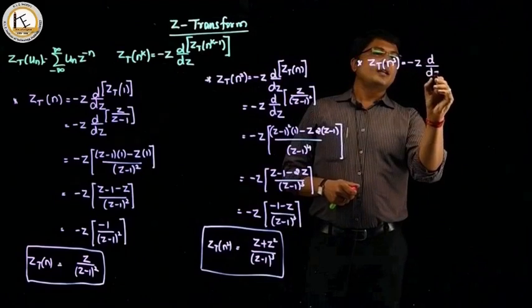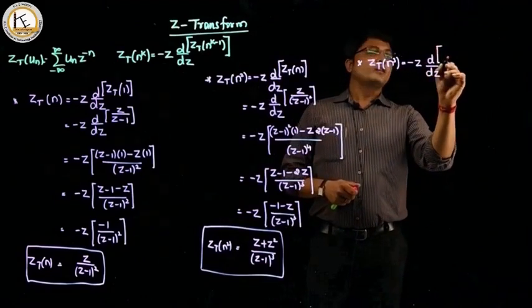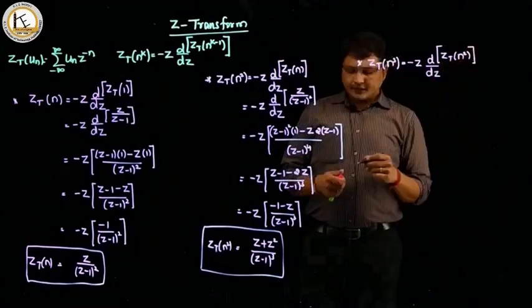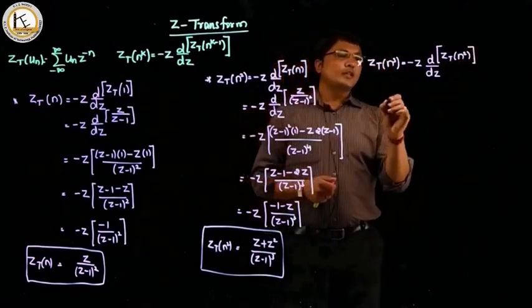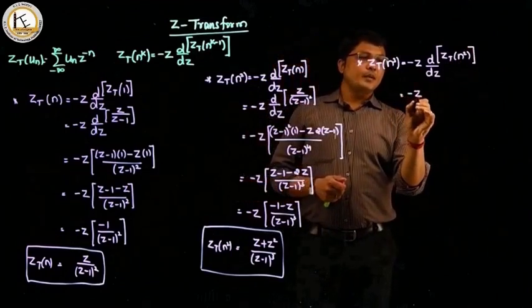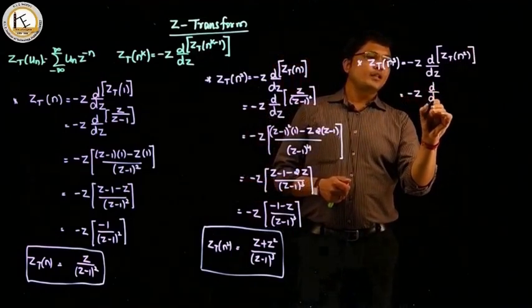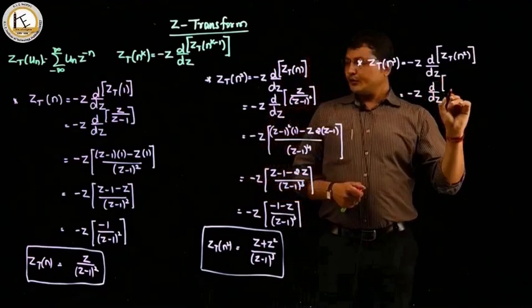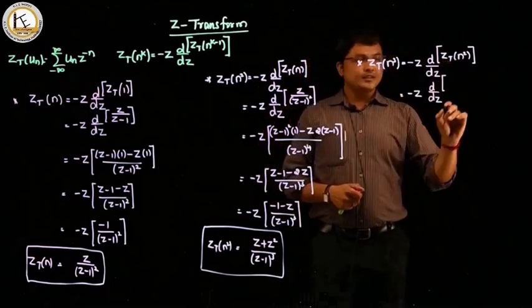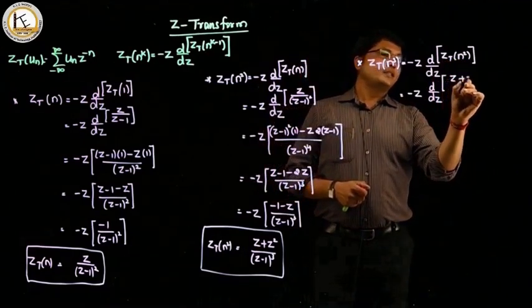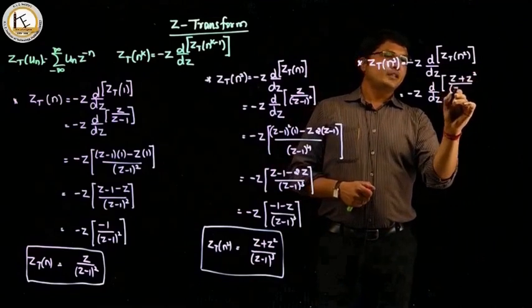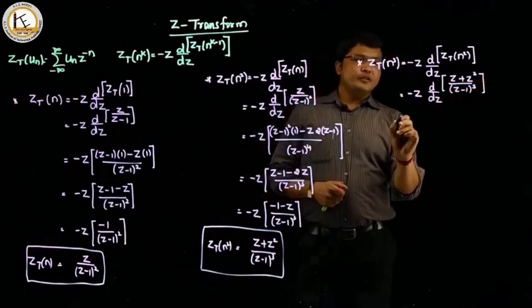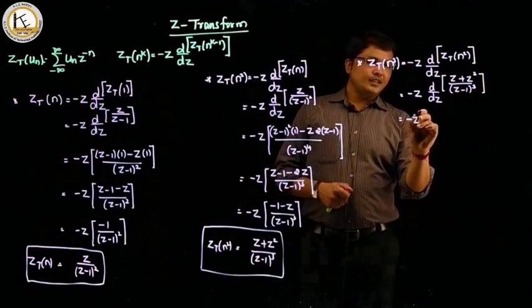So obviously here k is nothing but 3, therefore the formula becomes minus Z into d by dz of Z transform of n square. And since already we are having Z transform of n square, so substituting that, minus Z into d by dz of, so Z transform of n square is nothing but Z plus Z square divided by Z minus 1 the whole cube.